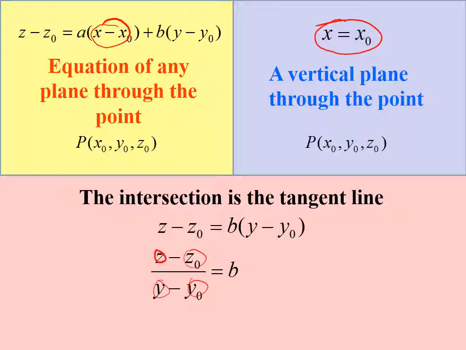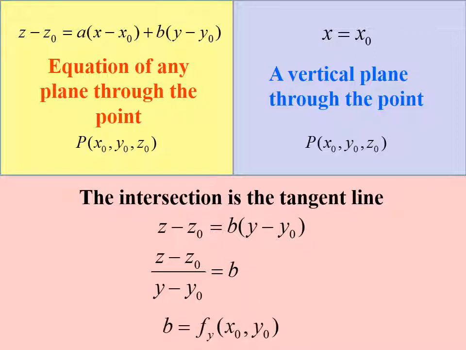This is the slope of a line. That's a derivative. In fact, it's the derivative of z with respect to y. So that quantity b that we were looking at earlier is nothing more than the partial derivative with respect to y.